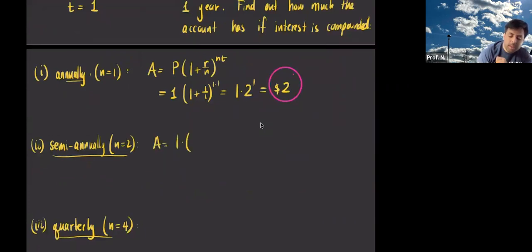Well, most likely, right? Now this will be 1 over 2 because n is 2. You see how it changes? Now this is 2 times 1. This is 1 times what? 1 plus a half is what? 1.5. And if I square 1.5, what do I get? What happens with my dollar if my annual interest rate is compounded twice a year instead of once a year?